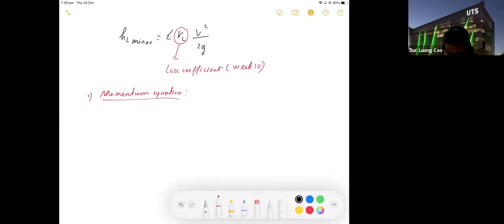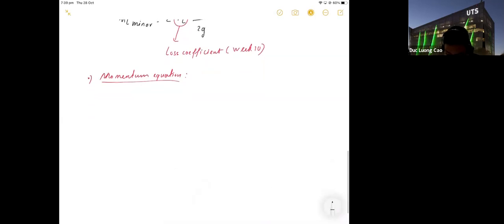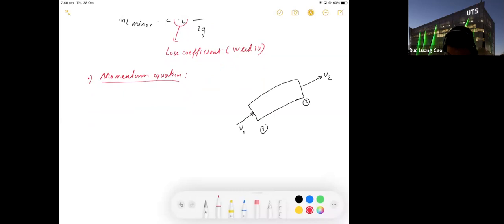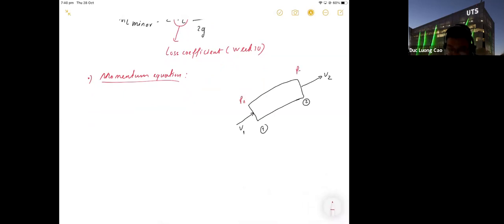Here, for example, we have a control volume like this, or for example, we have a pipe like this. This one is state 1, this one is state 2, velocity V1, V2, and here you have pressure 1, pressure 2.